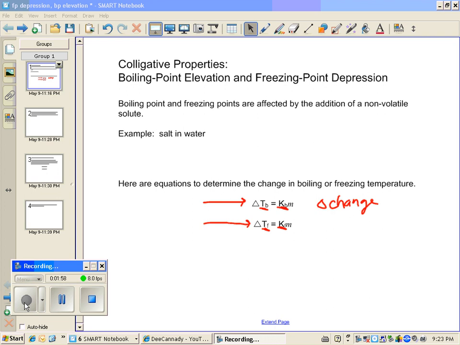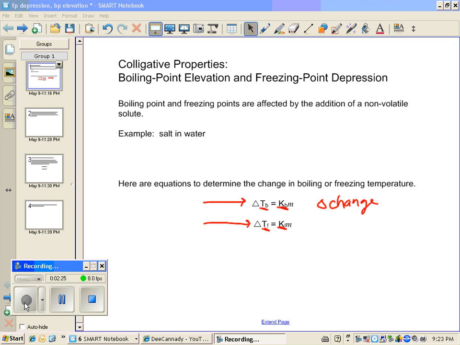For example, the normal freezing point of water is 0 degrees Celsius. If you add a little bit of salt, like they do when they put salt on the roads, the salt dissolves, makes the water impure, and causes the freezing point to get lower. So instead of 0 degrees Celsius, it might be -1 or -2, or it may not even change that much.